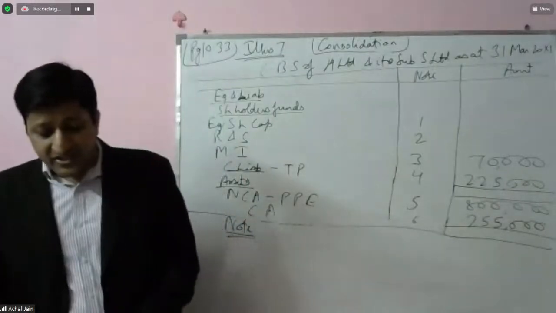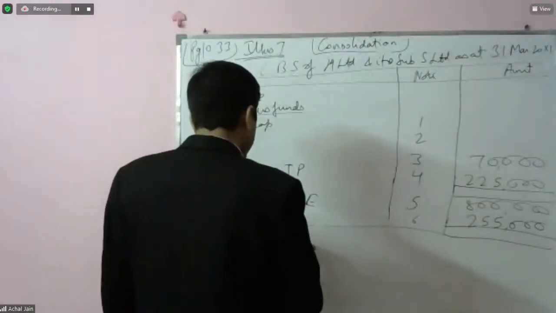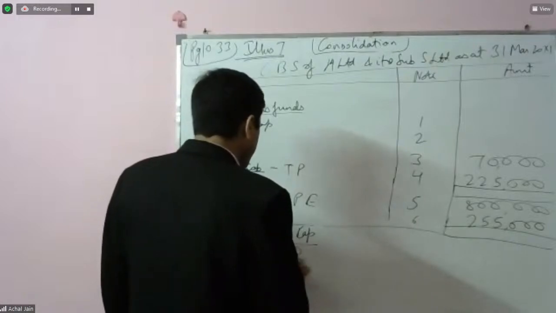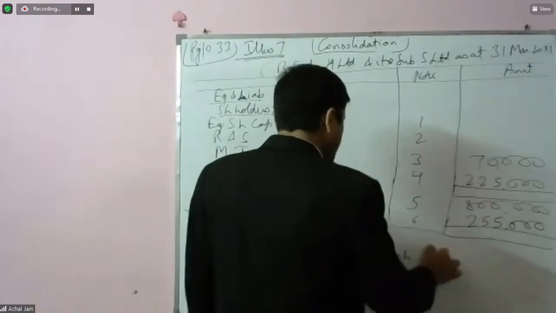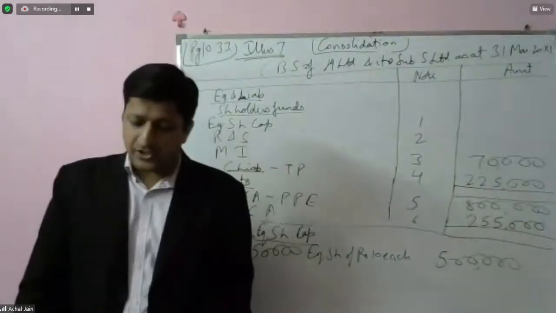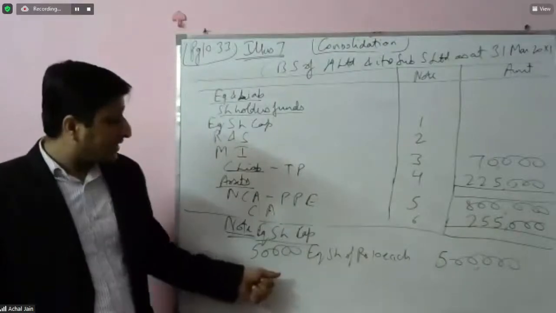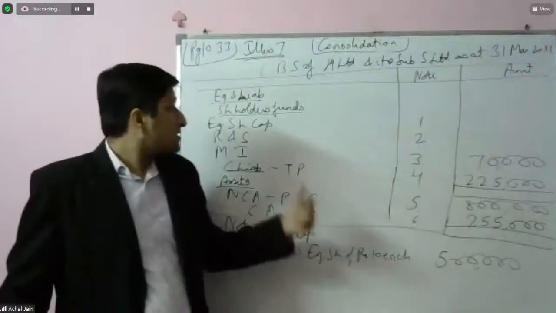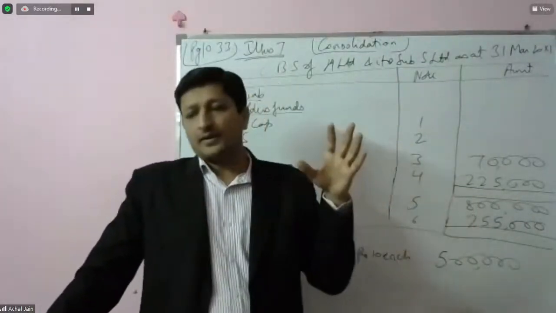Share capital of H Limited is 5 lakh. So 50,000 equity shares of rupees 10 each. 5 lakh is the equity share capital of H. Now let's look at the capital of S. Do we need to add it over here? No. Why? Because that is already distributed amongst minority. Minority has already picked up its share of capital.